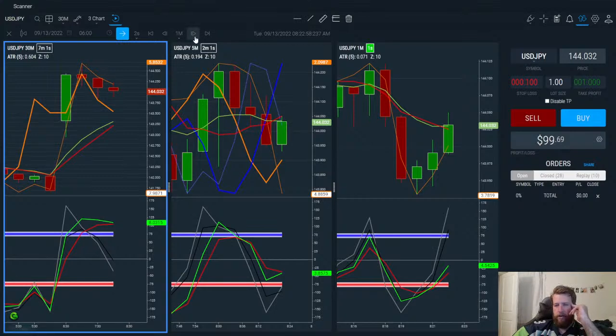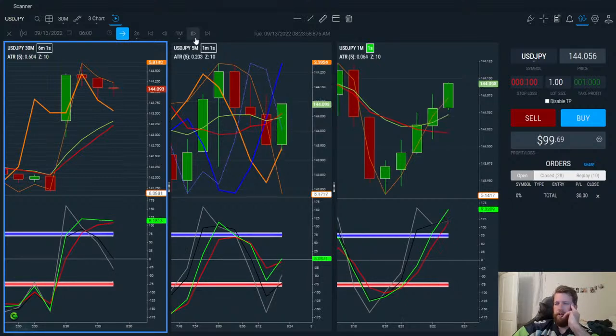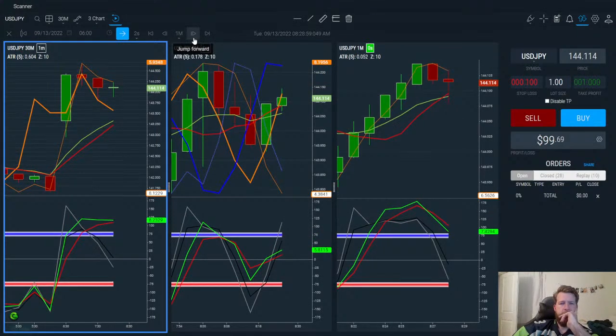Possible gray dagger forming. Oh, gray dagger has now turned into a Hydra. Still don't want to do anything there. I want to see some more commitment in one direction or another on the 5-minute here.